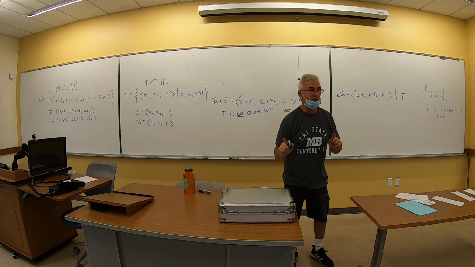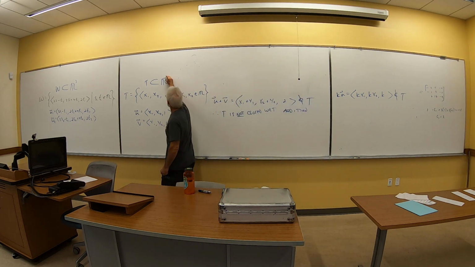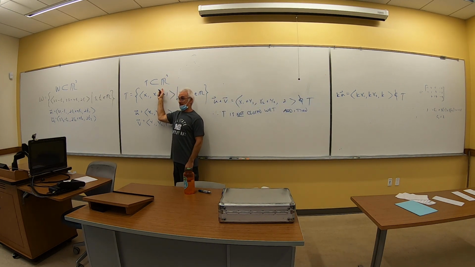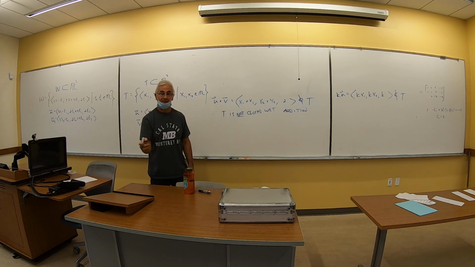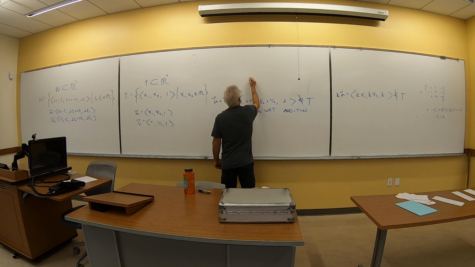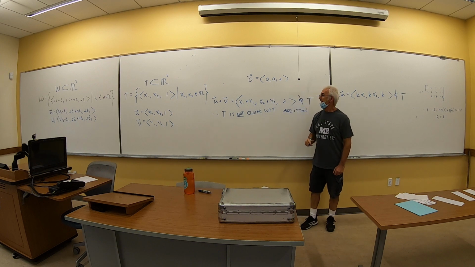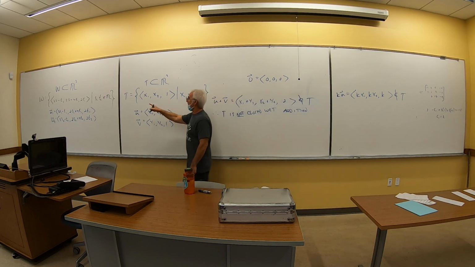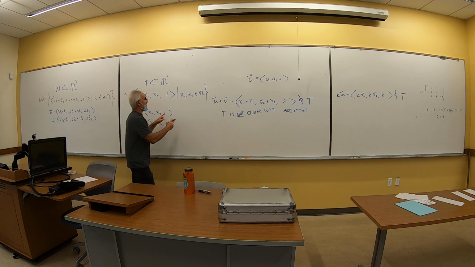So when I'm trying to find the additive identity, it has to be the additive identity of the parent set. What is the additive identity for R3? Do you agree the additive identity for R3 is 0, 0, 0? Does everybody agree with that? Is 0, 0, 0 in this set? You already told me yes, when s and t are 0. Is 0, 0, 0 in this set?